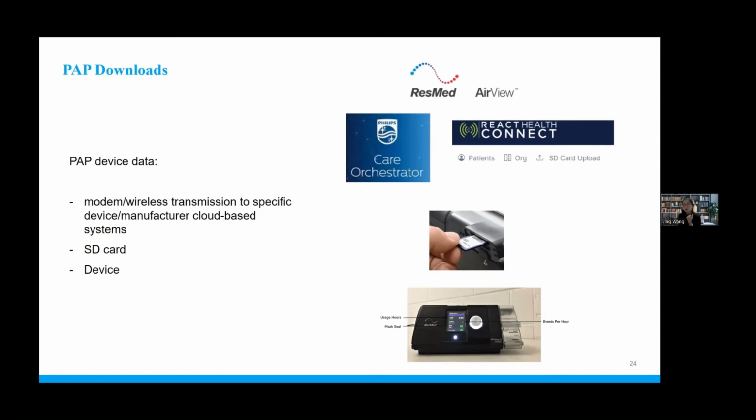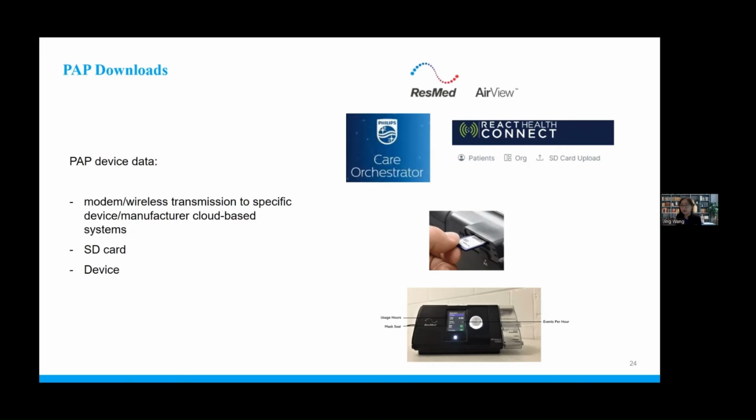But in general, to get the information from the PAP devices, you can either download it from a modem or a wireless transmission. So this is the device sending it to the specific manufacturer's cloud-based system, and then you can log into the system, look up the patient, and download a specific time interval for the data.